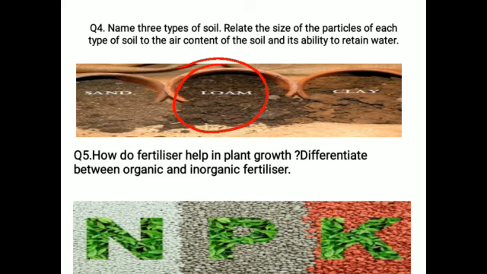And organic fertilizers come from living things. Examples: compost, animal dung, and fish and bone meals, and manure and slurry. Whereas the inorganic or chemical or mineral fertilizers are man-made and these are produced from chemicals.